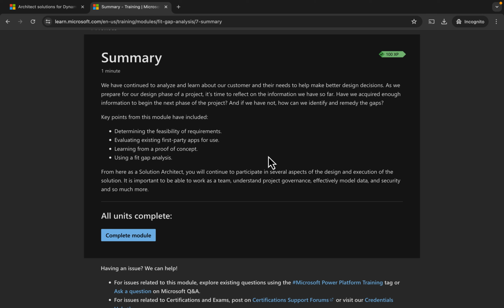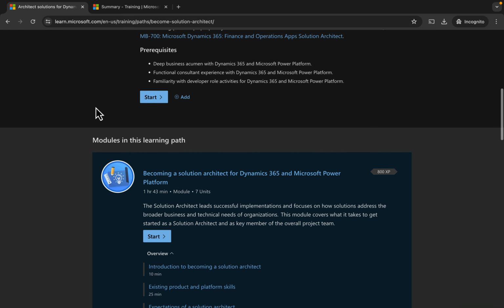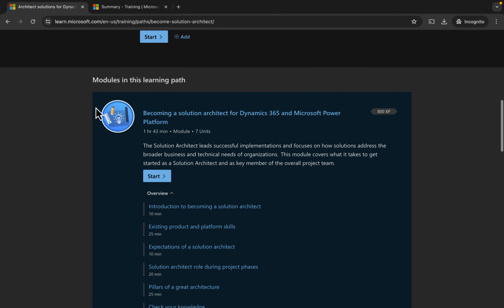From here, as a solution architect, you will continue to participate in several aspects of the design and the execution of the solution. It is important to be able to work as a team, understand project governance, effectively model data and security, and so much more. And that concludes the end of this learning path, Architect Solutions for Dynamics 365 and Microsoft Power Platform. And here's the modules we covered.